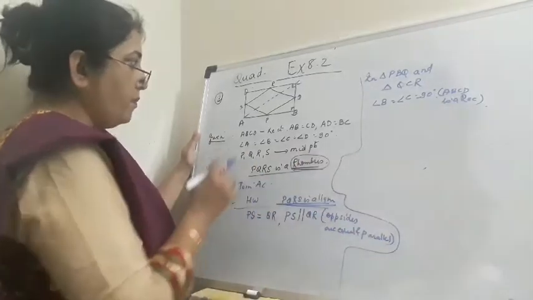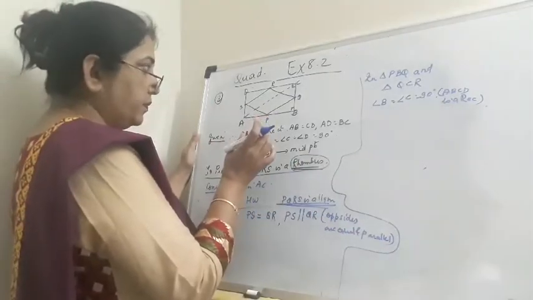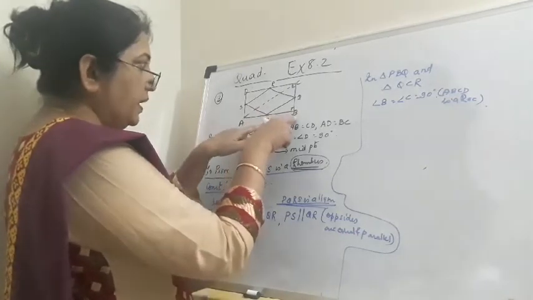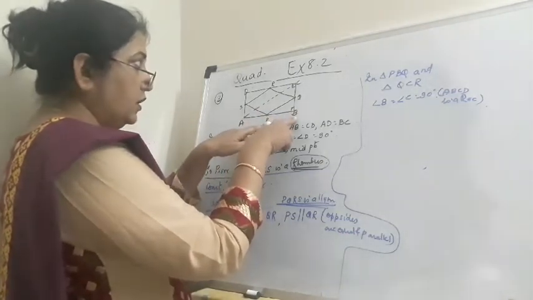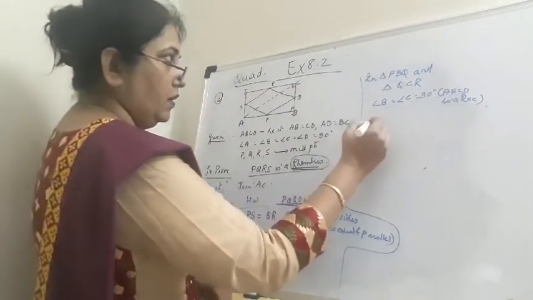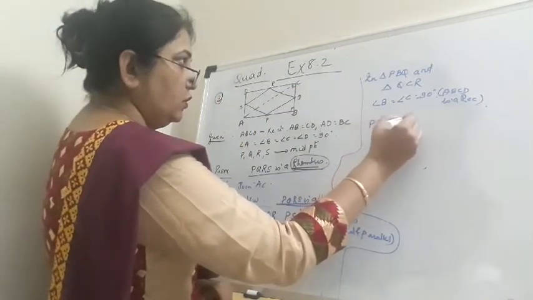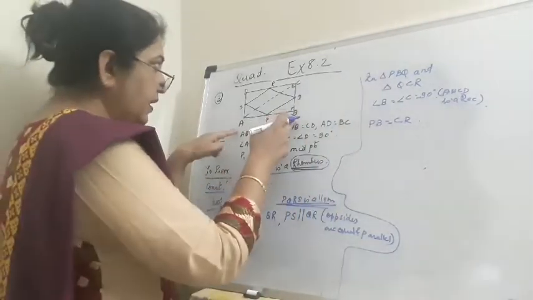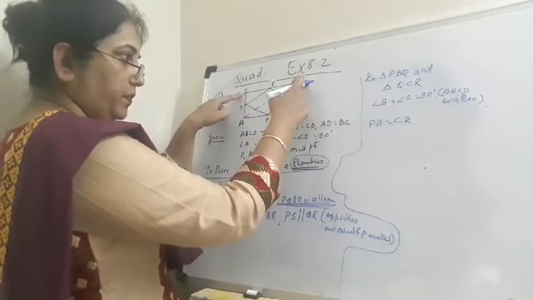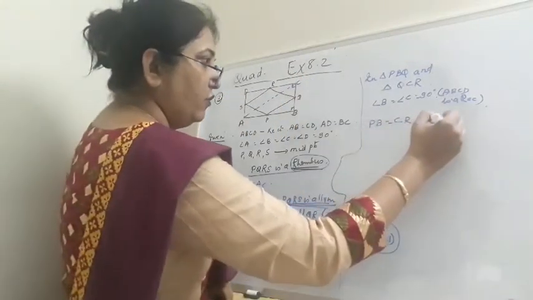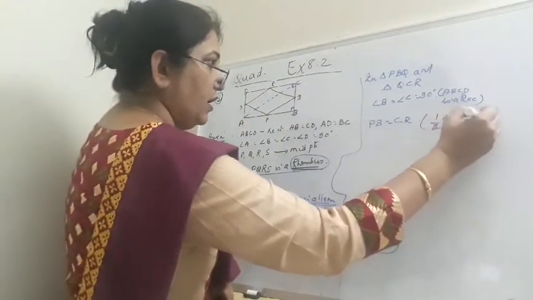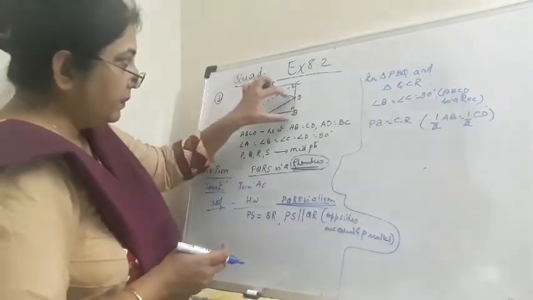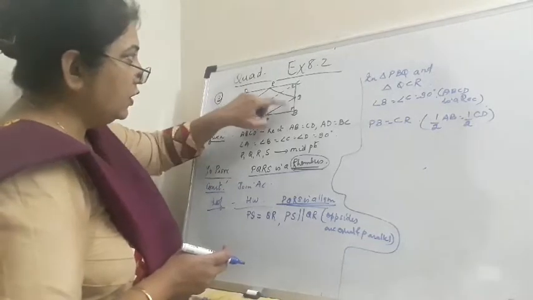Now, can I say that PB is equal to CR? Do you know why? Because we know that AB is equal to CD, and half of AB will be equal to half of CD. Fine. Then, can I say BQ is equal to CQ?